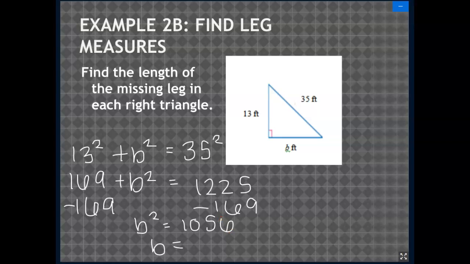Square root both sides, and you get 32.496 feet. Is everybody okay with this? Pretty straightforward, plugging and chugging using the Pythagorean Theorem.